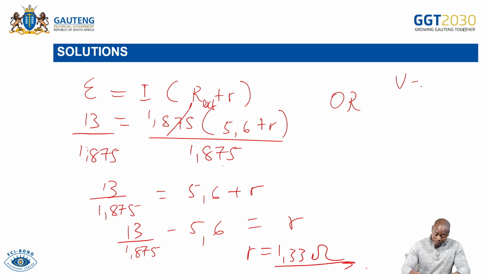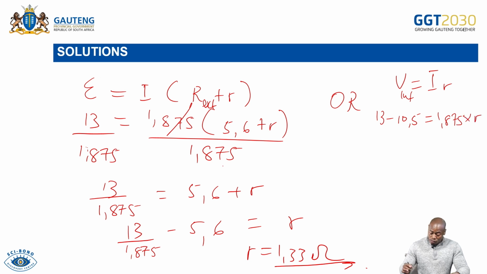Or we can use this one: V equals I times small letter r. V, that is internal, or V lost, which is 13 minus 10.5 equals total current 1.875 times r. So 13 minus 10.5 is 2.5 equals 1.875 times r. Divide by 1.875.